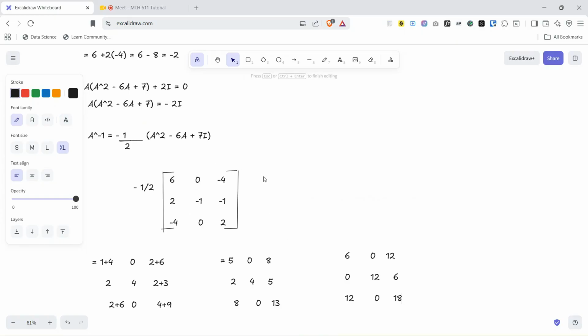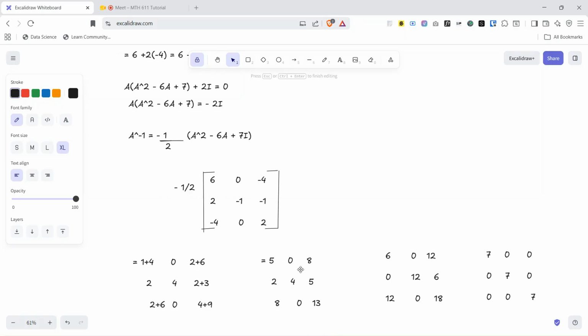Then plus 7I, that will be 7, 0, 0; 0, 7, 0; 0, 0, 7. So this minus this plus this.